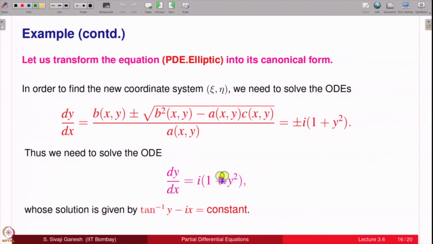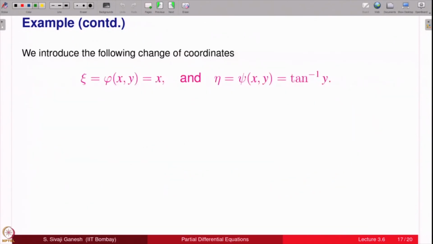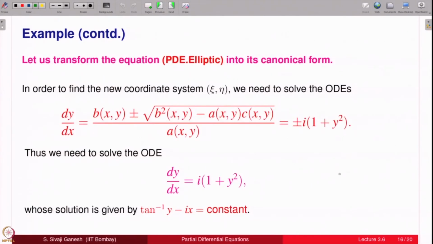The solution is given by tan inverse y minus Ix equal to constant. Please accept that this is a solution. Then the real part is x and the imaginary part is tan inverse y, or vice versa. Here, if this is constant, I can multiply it with I also.